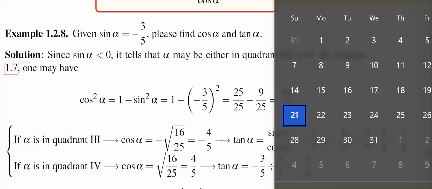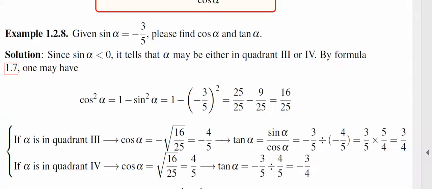We have 16 over 25, so the root could be negative 4 over 5, or positive 4 over 5. There are two cases. But previously we got tangent alpha is sine alpha over cosine alpha, and the sine alpha is negative 3 over 5, which is given here.